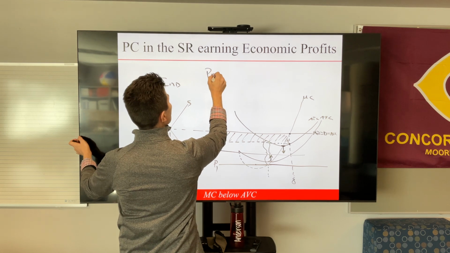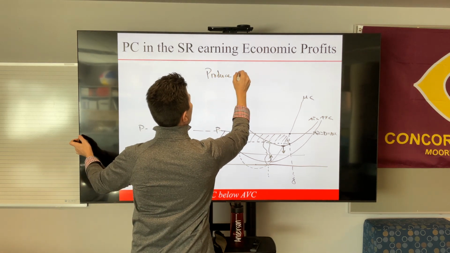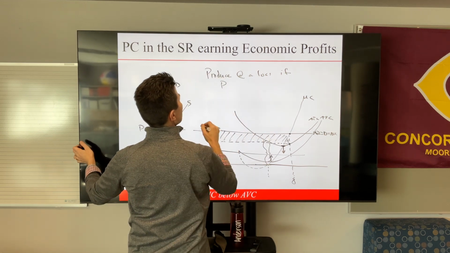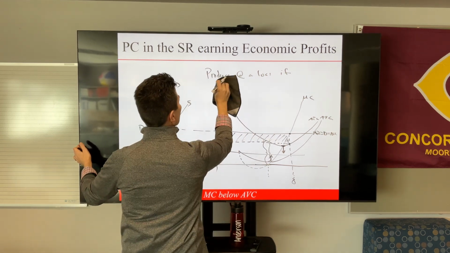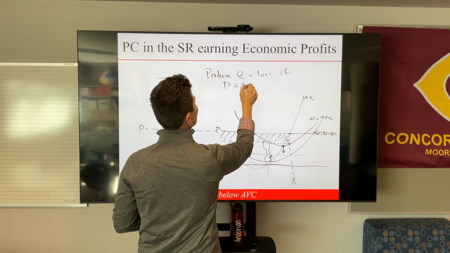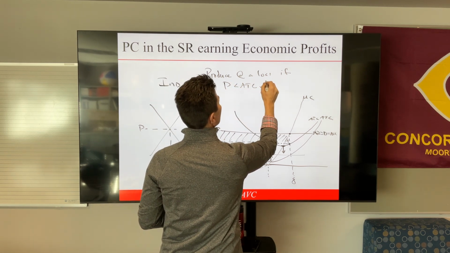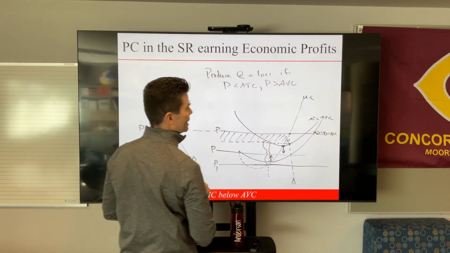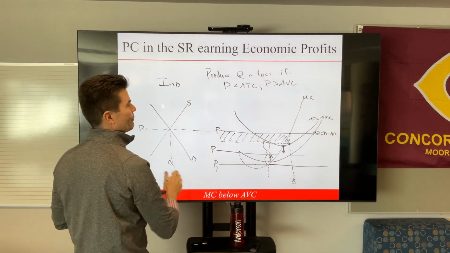So you will produce at a loss if your price is less than ATC, but your price is also greater than AVC. Right, so that is the thought.